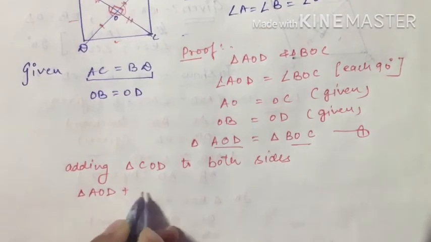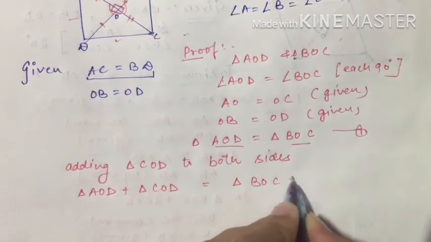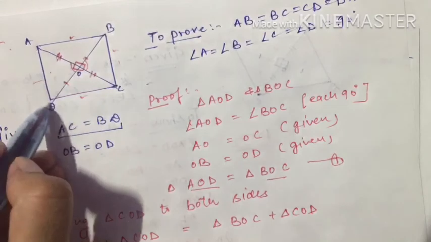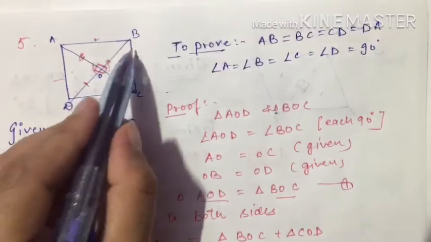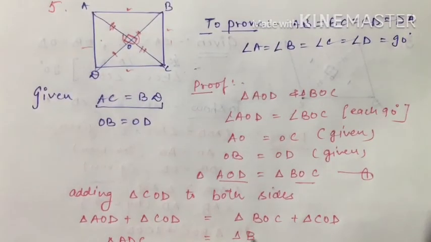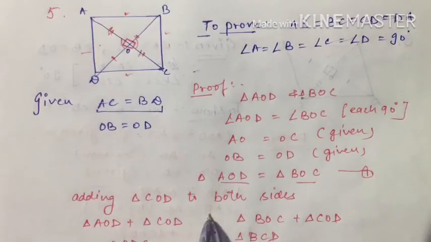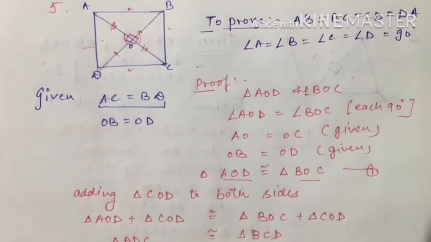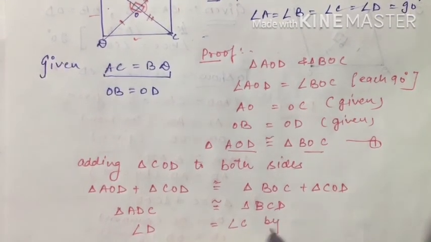AOD plus COD, and to both sides I will be adding BOC plus triangle COD. Now just see, AOD plus COD, can I write it as ADC? Triangle ADC. Same way BOC plus COD, BCD, may I write it as BCD. Students, if these two triangles are equal and congruent, then I may write angle D will be equal to angle C by CPCT.